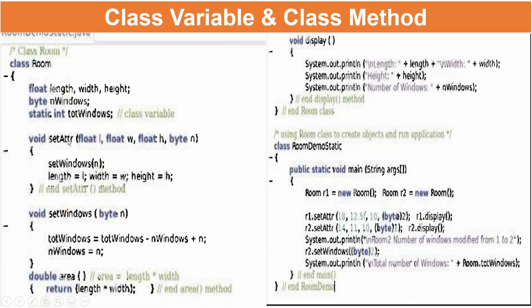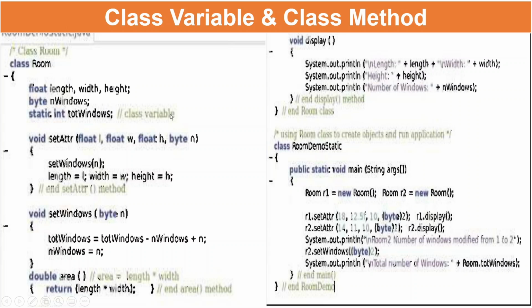That means setAttribute method, setWindows method, area method, display method, everything will be copied into R1 and R2. Even length, width, height and windows also will be copied in R1 and R2. But the totalWindows variable, that is this static variable, will not be copied in R1 and R2. It will remain in the class itself, that is in the Room class itself.